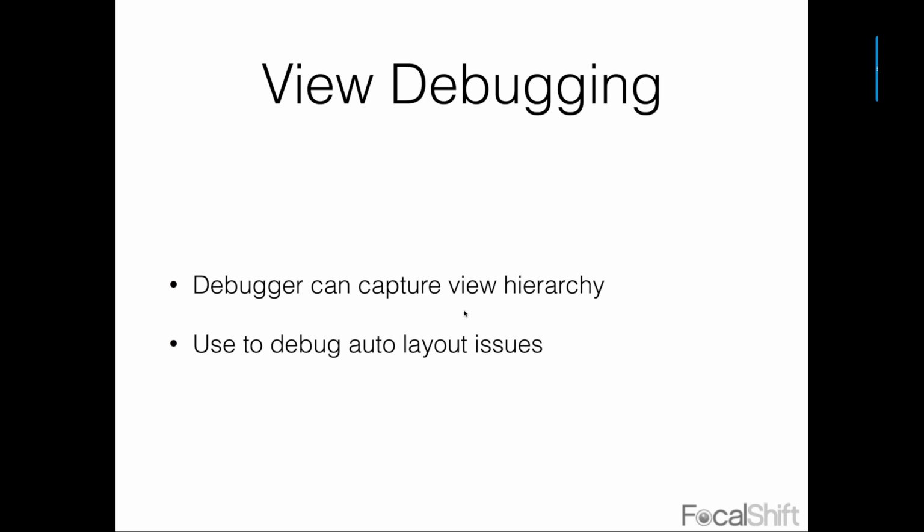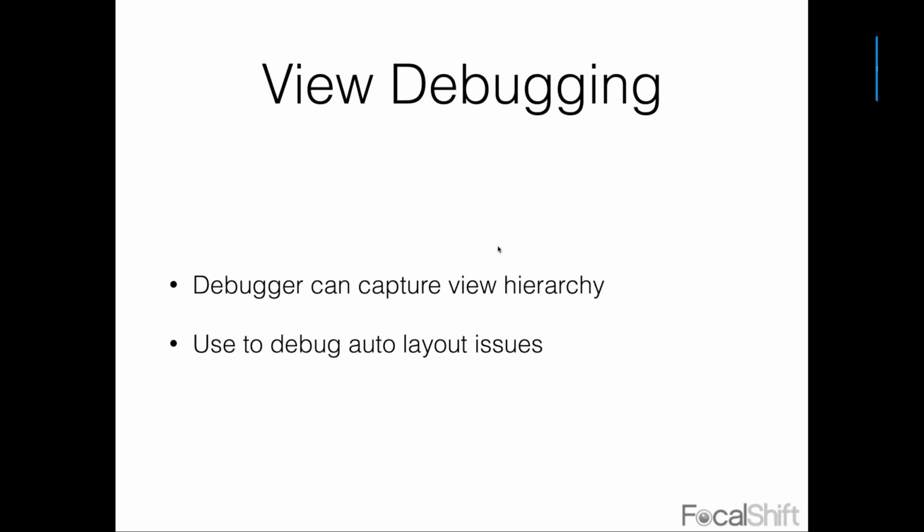Some of you may be familiar with third-party tools that made this sort of thing possible in earlier versions of Xcode. There's a popular commercial tool called Reveal. There's also some open source tools that do this kind of thing. In general, those tools still seem to have more features than the stuff that's built into Xcode, but it is now the case that Xcode has a basic functional version of that built right in.